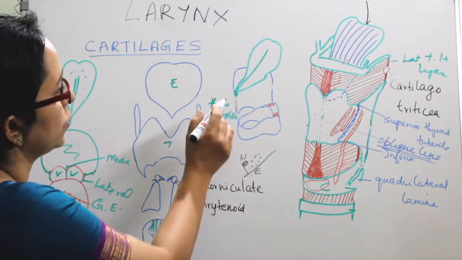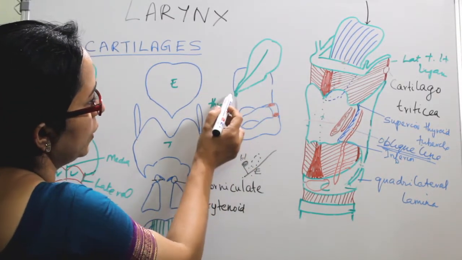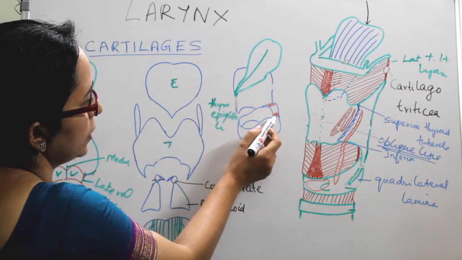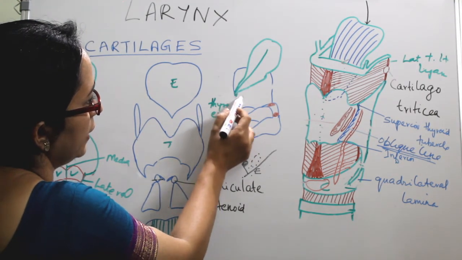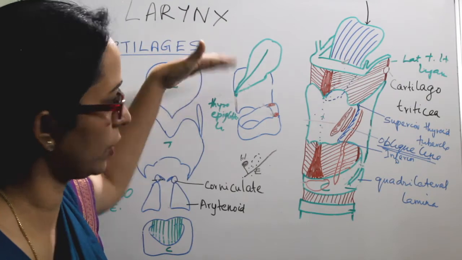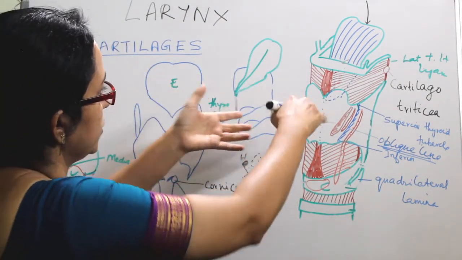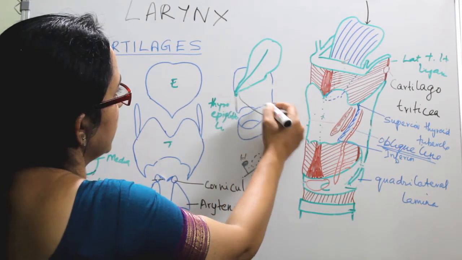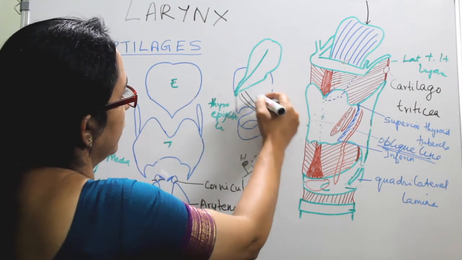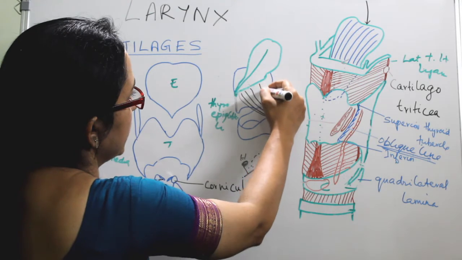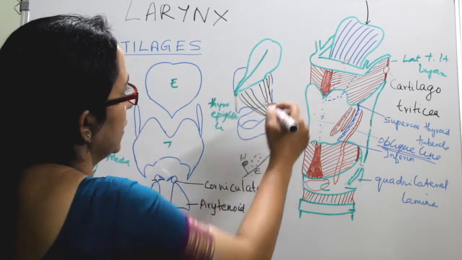So this epiglottis is attached to the arytenoids by the aryepiglottic fold. The free border or the lateral aspect of the epiglottis is connected to the arytenoids by means of this aryepiglottic fold. On both sides it is coming, isn't it?